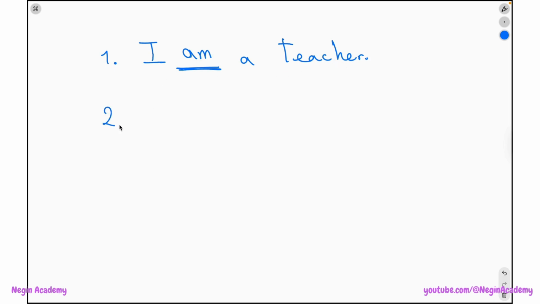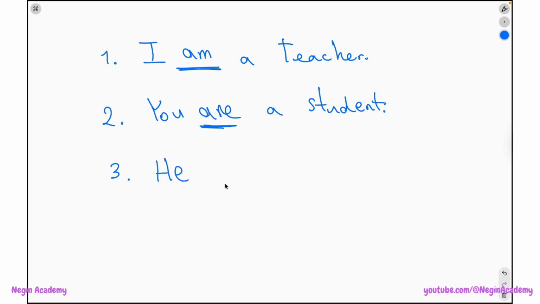Next one, the second example, we have the subject you and a student. Which to be verb should be used? You are. Excellent. You are a student. Next one, the third example, we have the subject he, happy. What should we say? We have to say he is happy.